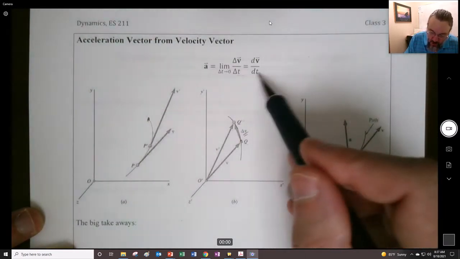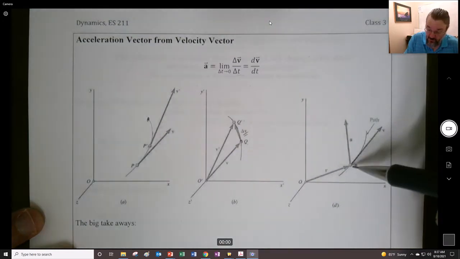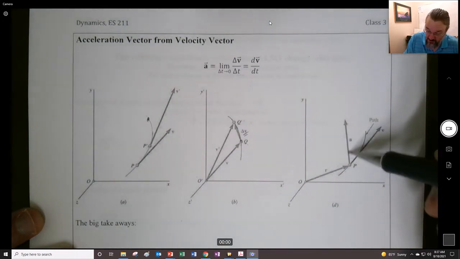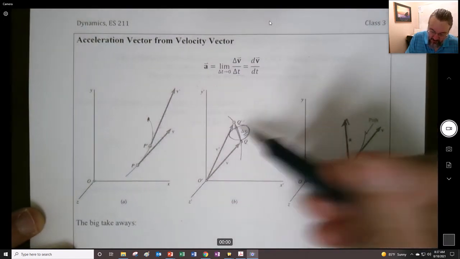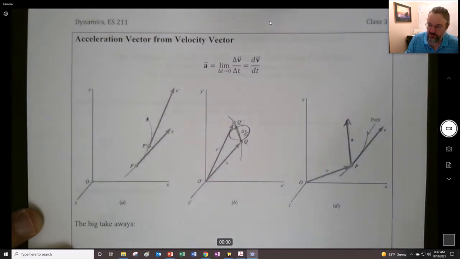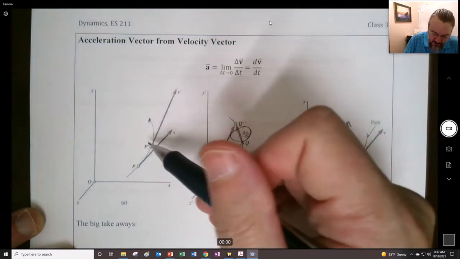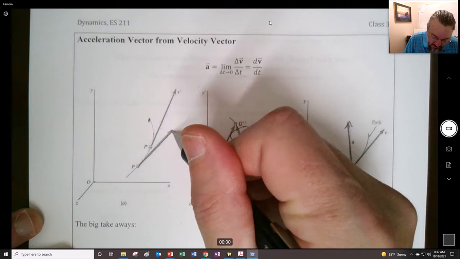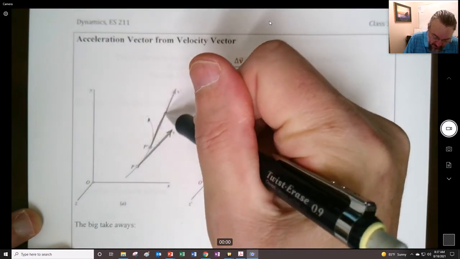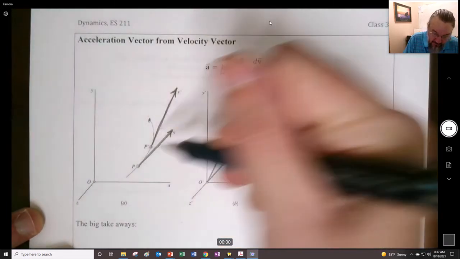As you got smaller and smaller, the acceleration would be formed like this right here. It would be sort of over in this direction. And something they haven't pointed out clearly is that maybe this vector is longer than that vector.